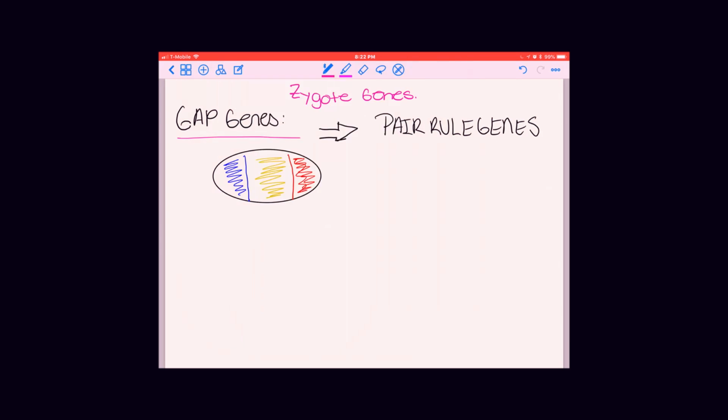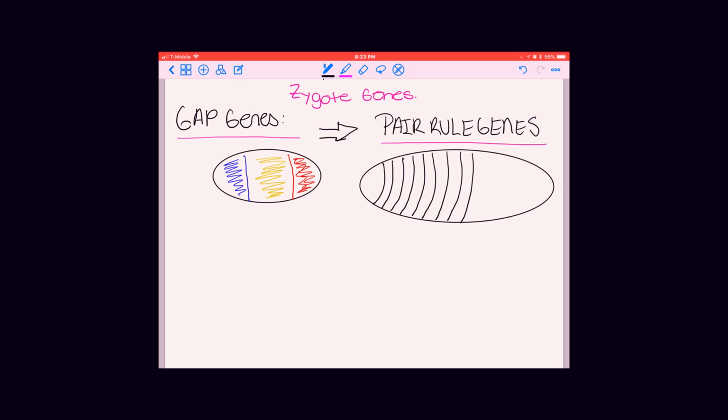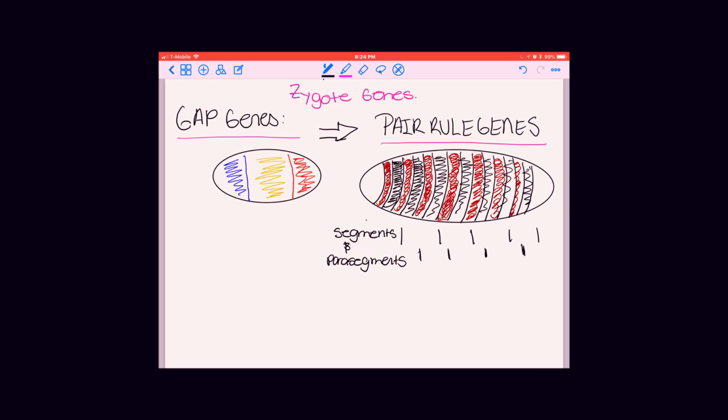These genes are activated in 7 bands. These bands lay from dorsal to ventral direction. Each of these bands is made up of 2 parasegments, the posterior part of one segment and the anterior part of the next segment, dividing the embryo into a total of 15 parasegments.